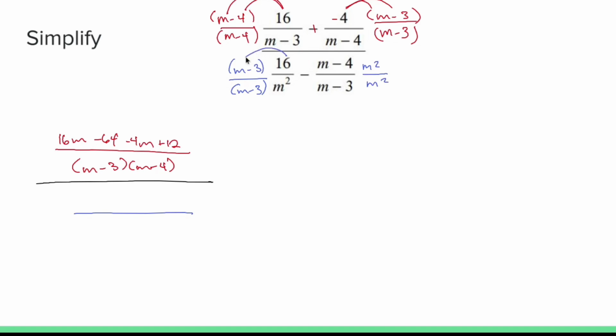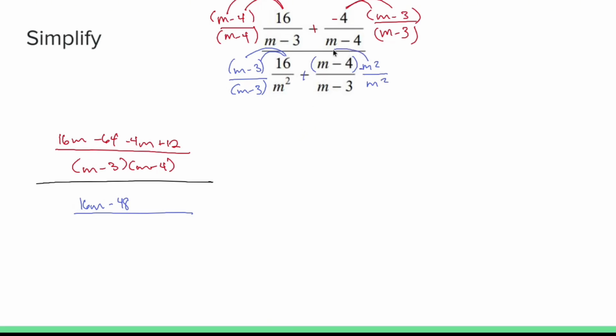Similarly, we have 16 times m, 16m, 16 times negative 3, which is negative 48. This is a minus sign, so why don't I do what I did before and attach that and make it negative m squared. I'm allowed to do that.